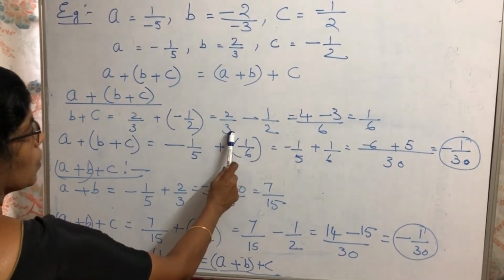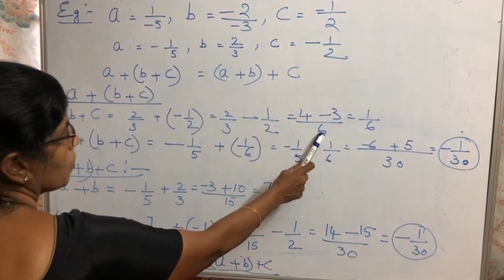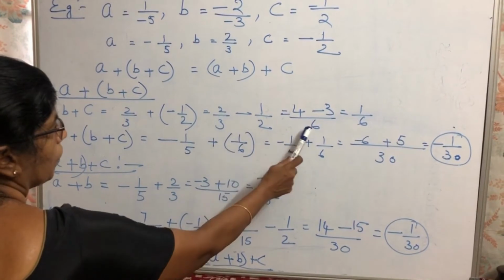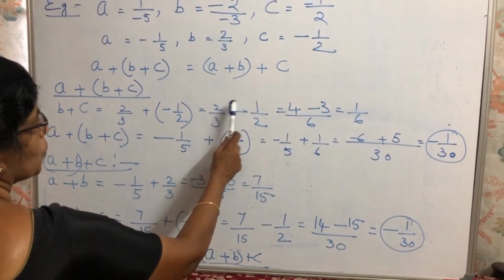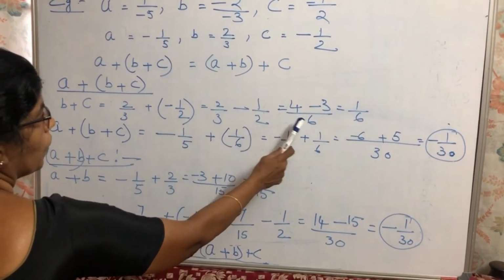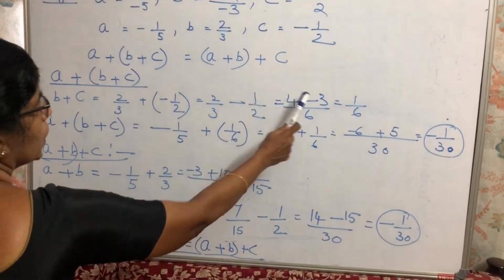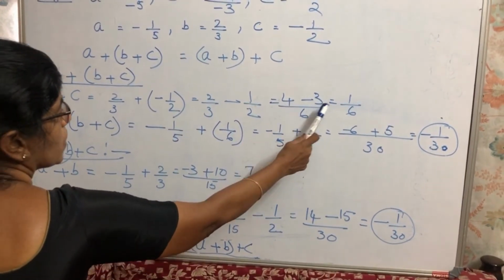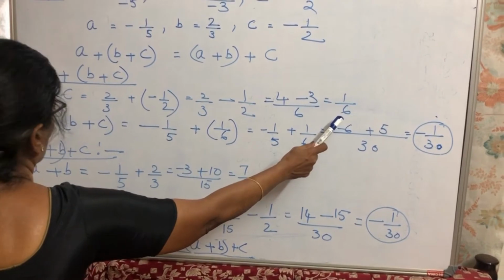As the denominators are different, the common LCM is 6. 3 divides 6 2 times, 2 2s are 4. 2 divides 6 3 times, 1 3s are 3. 4 minus 3 is equal to 1 by 6.